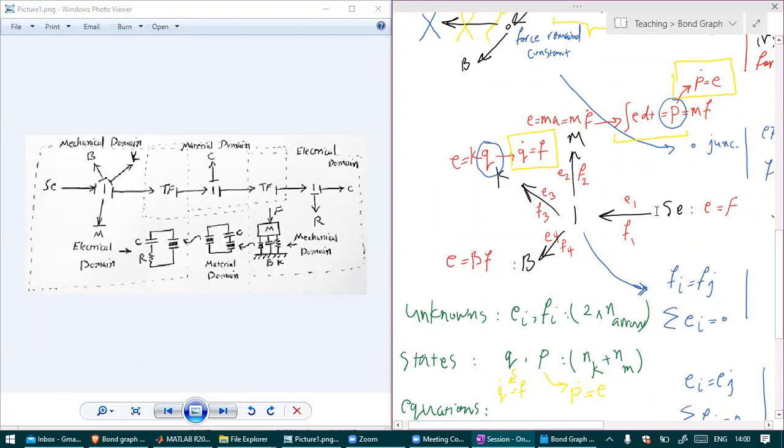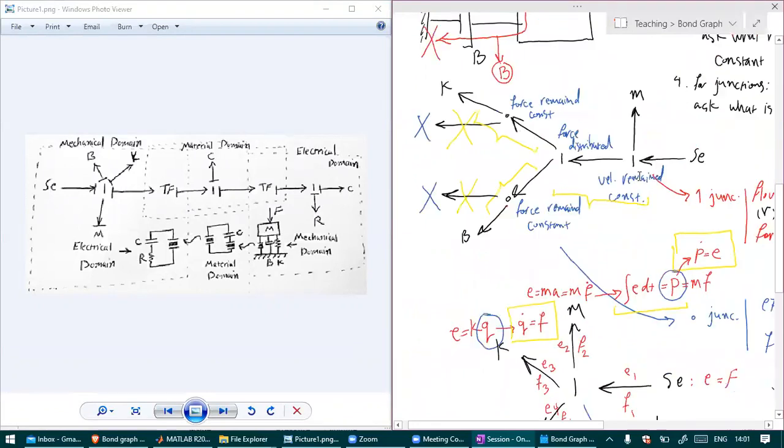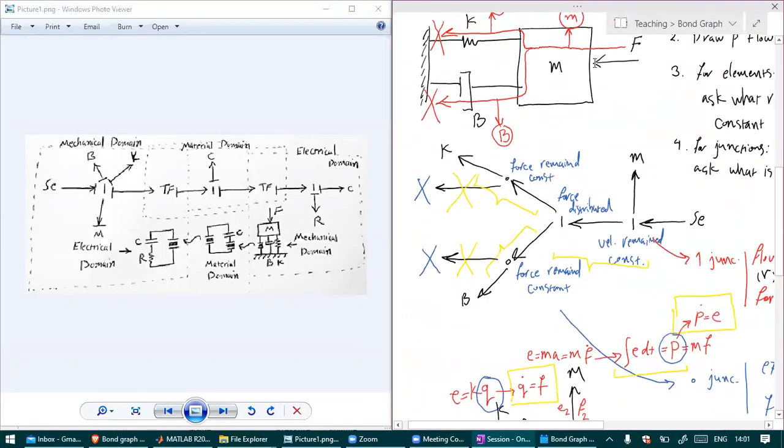Exactly, it's the effort. So the source of effort basically forces that part of the system to have a certain effort. Okay, it's basically like the force here. So the force prescribes the effort in this part of the system.